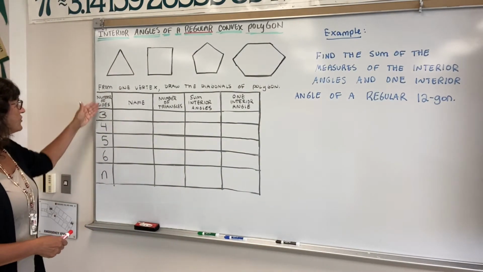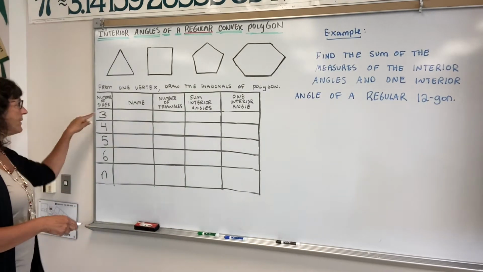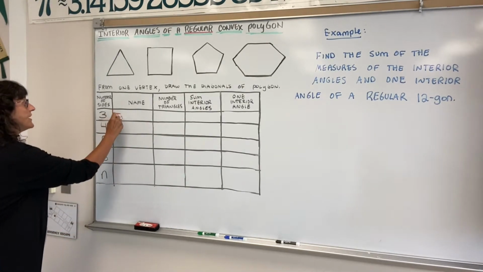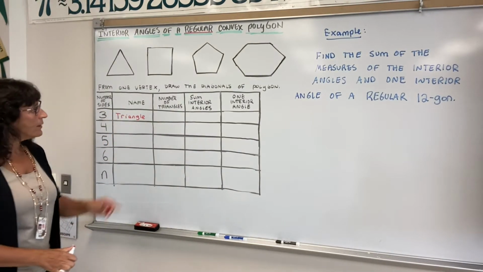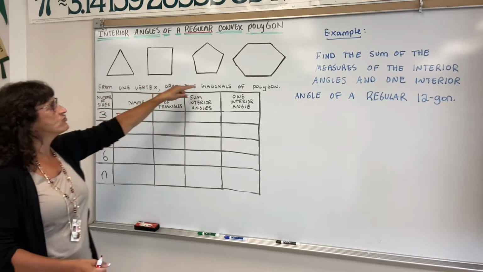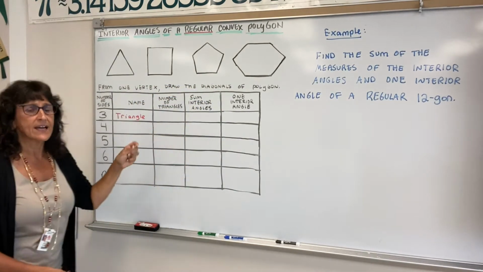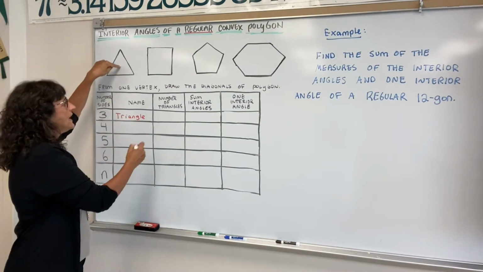So starting over here, number of sides 3. What do we call a polygon with 3 sides? It's called a triangle. Now, number of triangles, well, that's where you come up here from one vertex and draw the diagonals of the polygon. Well, in a triangle, you can't draw a diagonal. So we only have the one triangle.